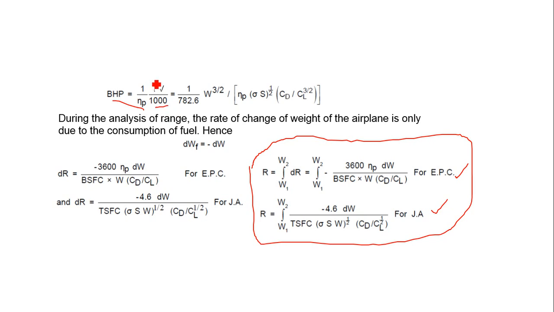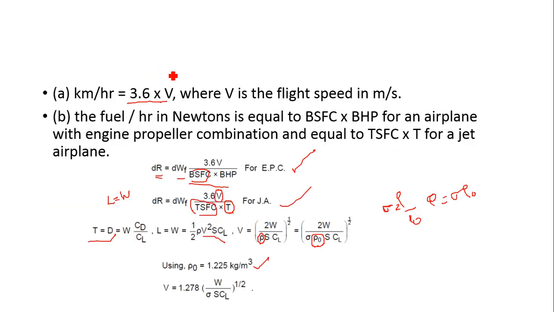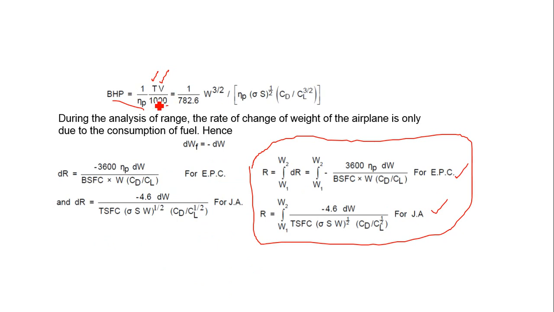Here also we can substitute the value for T and the value for V. After substituting, BHP is T into V divided by eta P into 1000. So while substituting it, we get for BHP, 1 by 782.6 W power 3 by 2 divided by eta P sigma S whole power 1 by 2, CD by CL whole power 3 by 2.